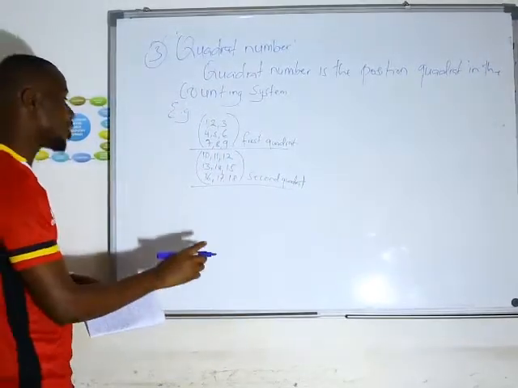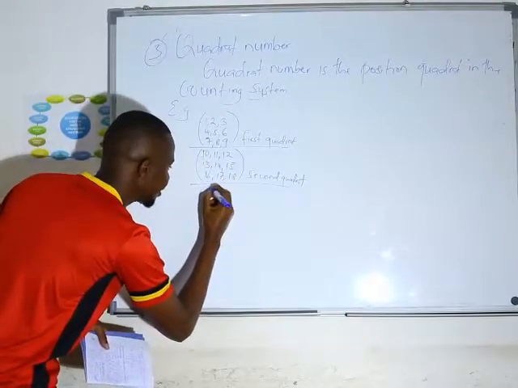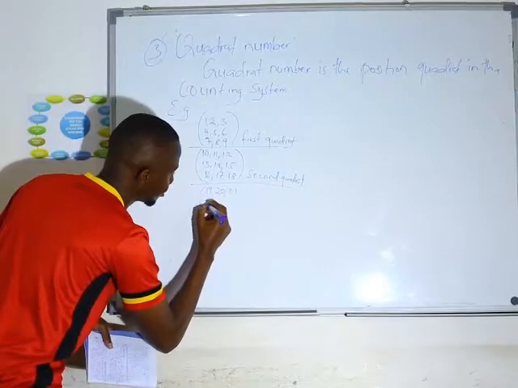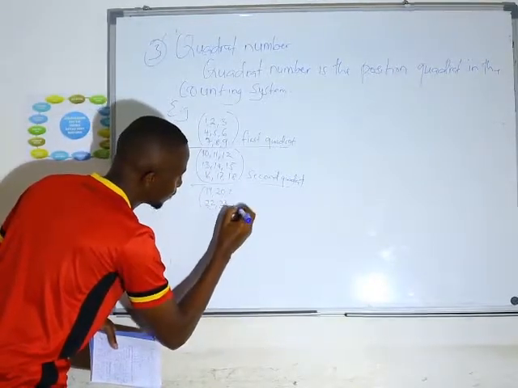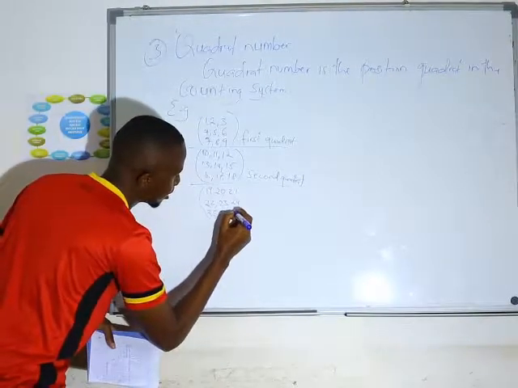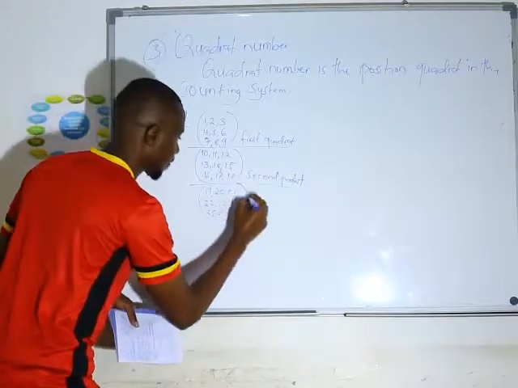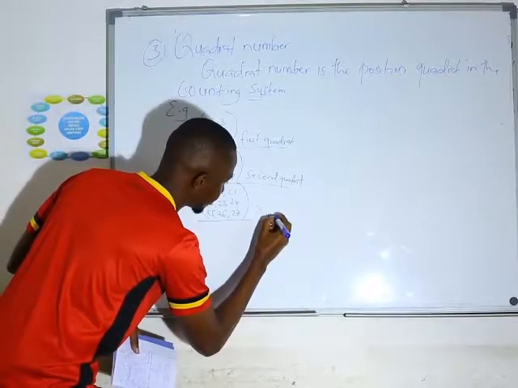Then another quadrant begins where you stopped, 19, 20, 21, 22, 23, 24, 25, 26, 27. This is the third quadrant.